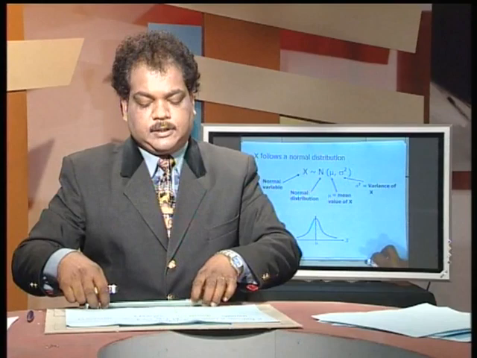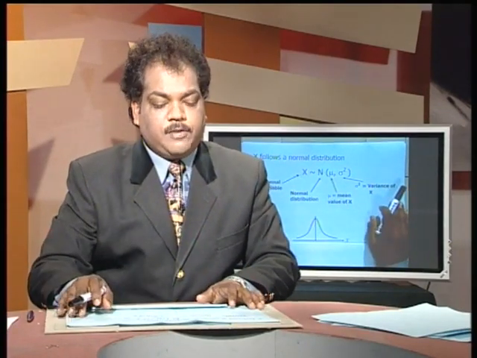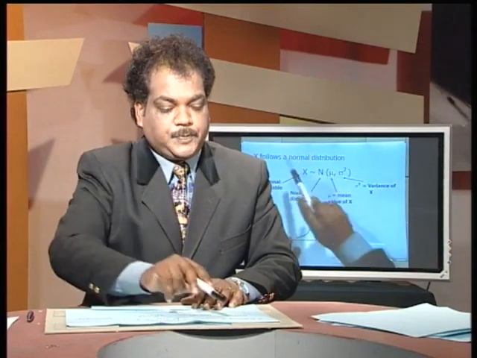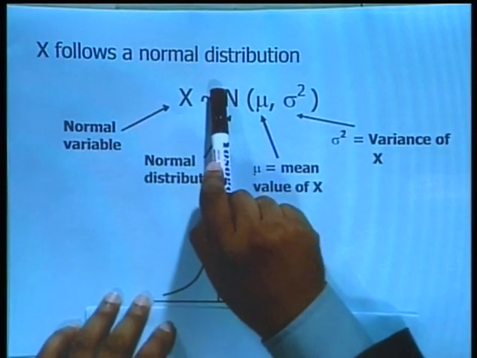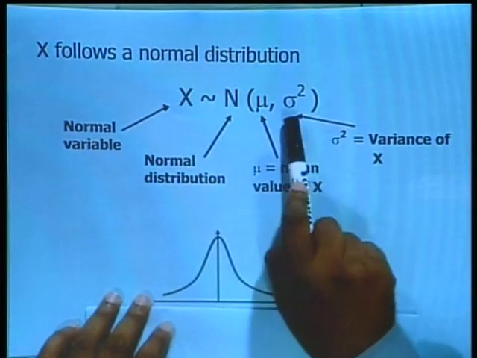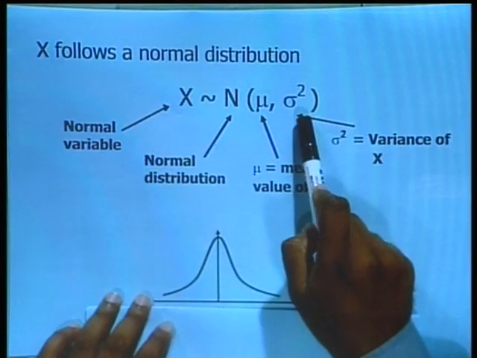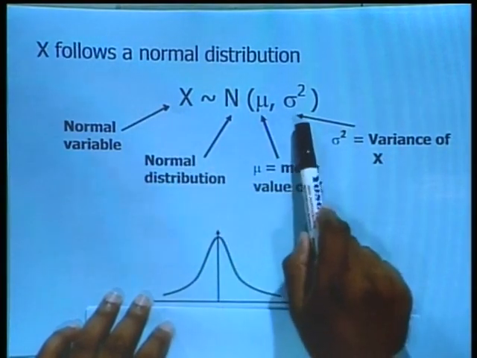We will summarize the normal variable as follows. If x follows a normal distribution with parameter mu and variance sigma square, then we are going to write it using the following statement.